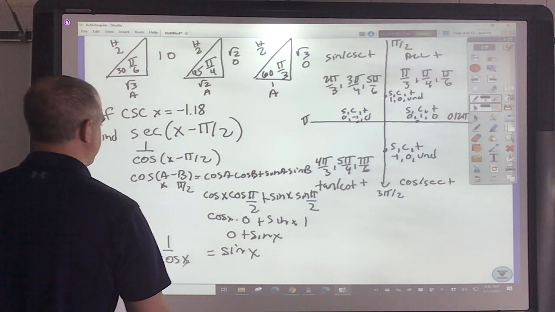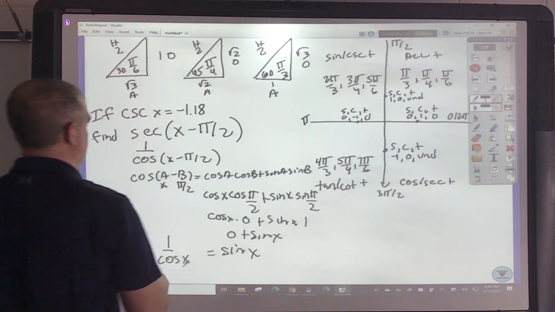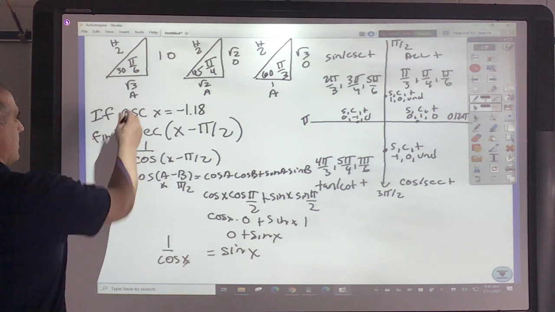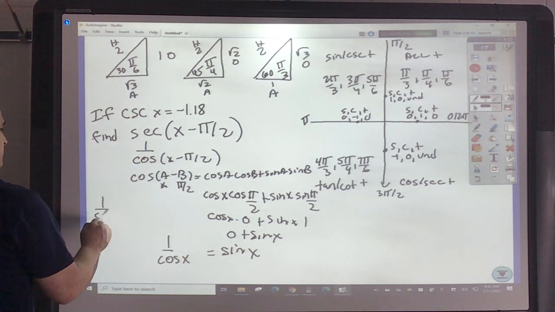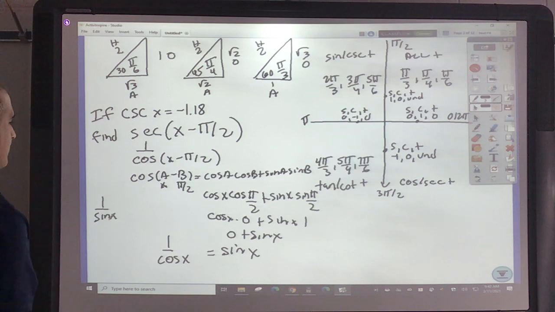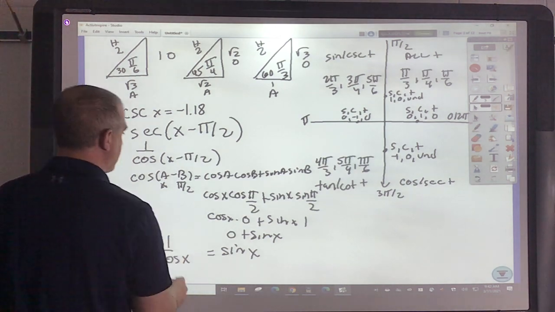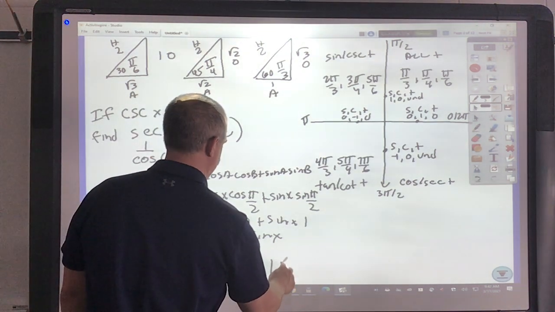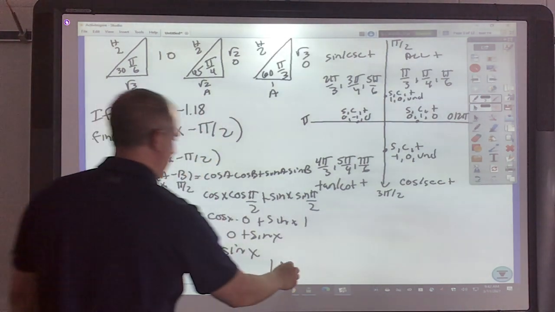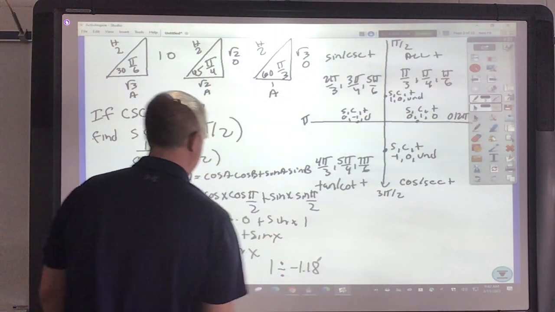And we know that cosecant is just 1 over sine. So what basically would happen here is this would be 1 divided by negative 1.18.